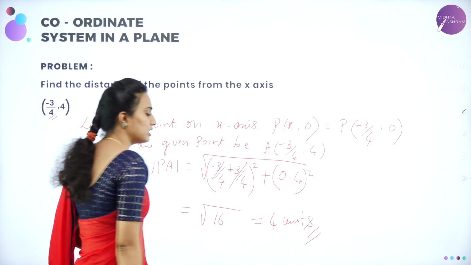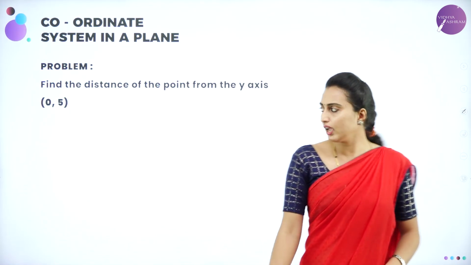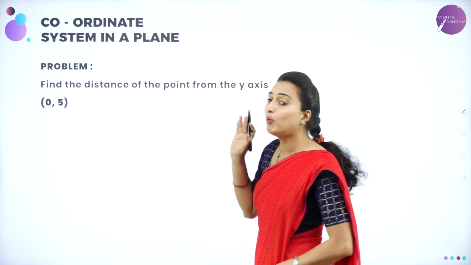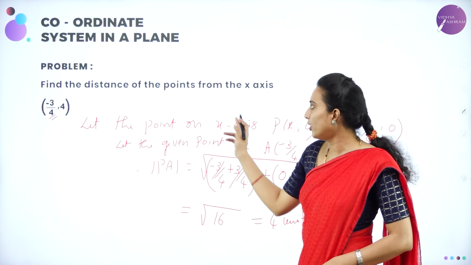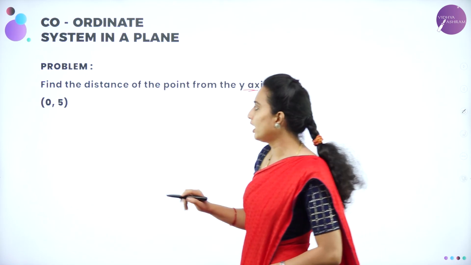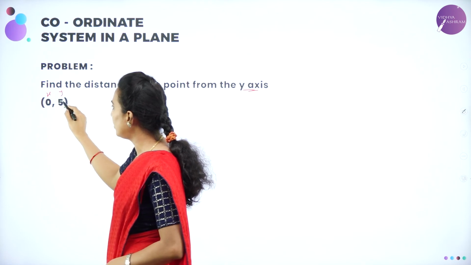Is that so easy, dear students? Yes. So we'll be moving on to the next problem. Find the distance of the point from the y-axis. In the last question they asked from the x-axis, here from the y-axis. So I am going to take the y-axis: this is the x point, this is the y point, and y is 5 here.